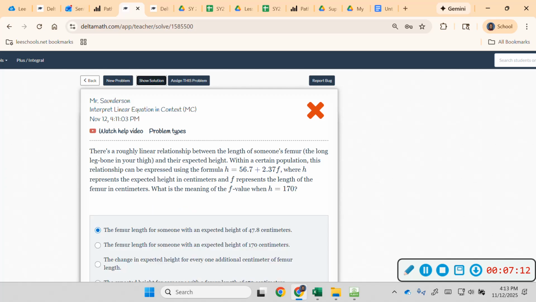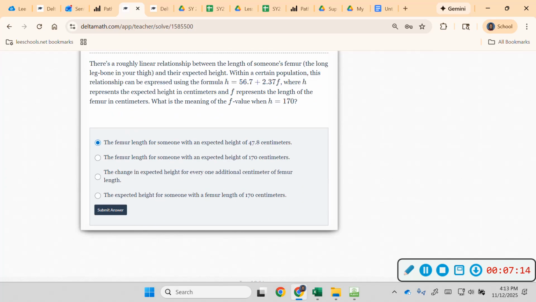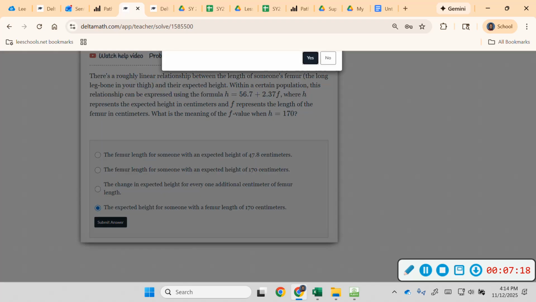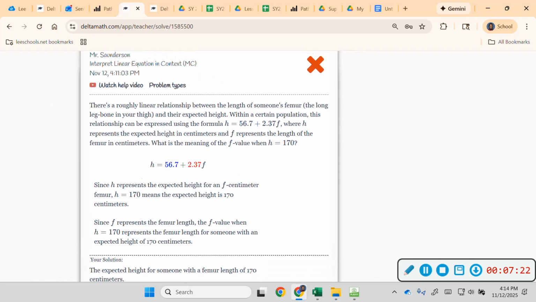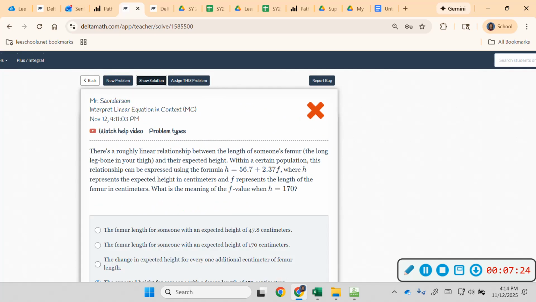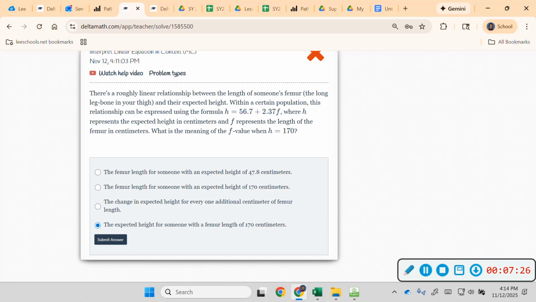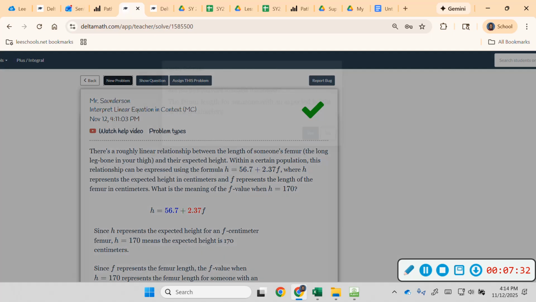No? So expected height for someone with a femur length of 1 cm. Oh, that's what it is. No? So it would be the length of a femur. Yeah, you're right. It's the length of a femur.